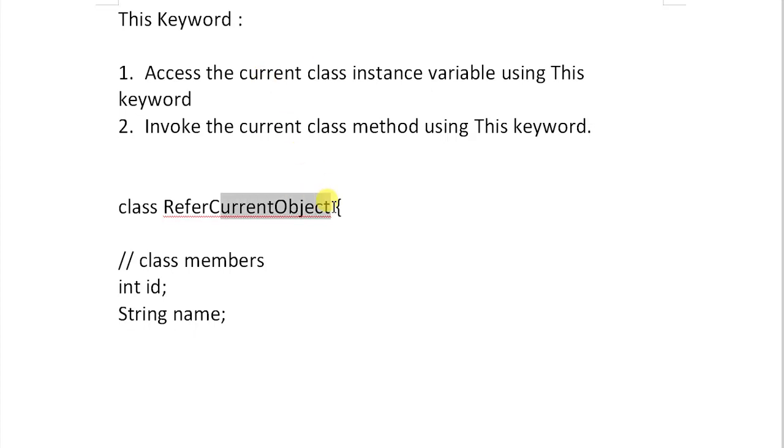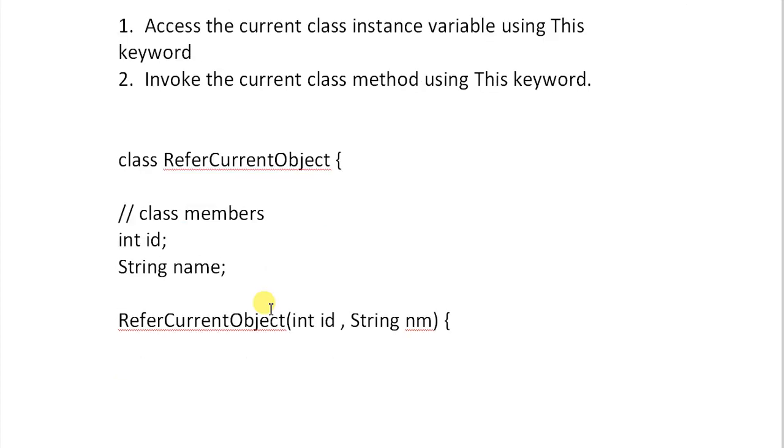This is what the class name, and yes, I can provide the parameter. Let us use the same parameter as integer ID, same variable name and string name. So I passed the same variable name over here.